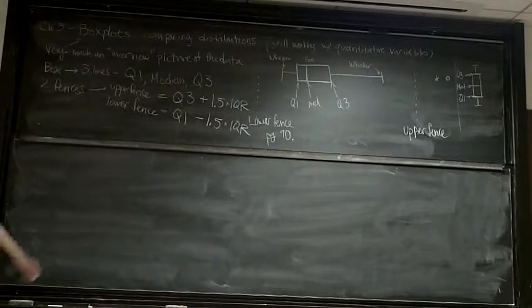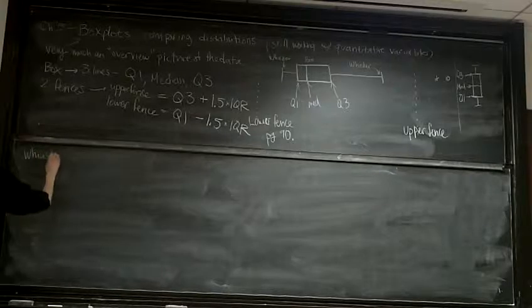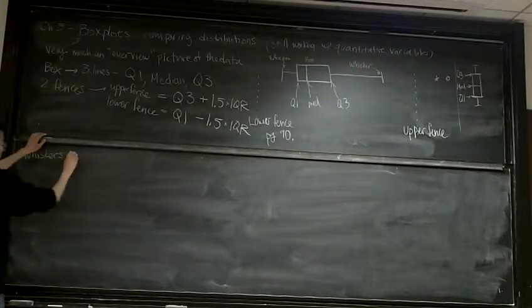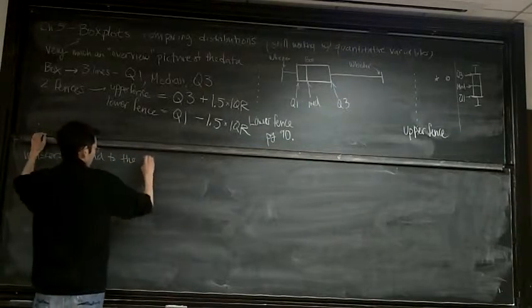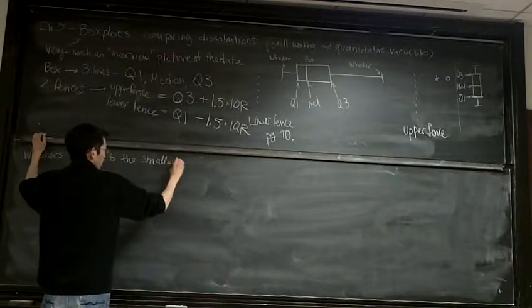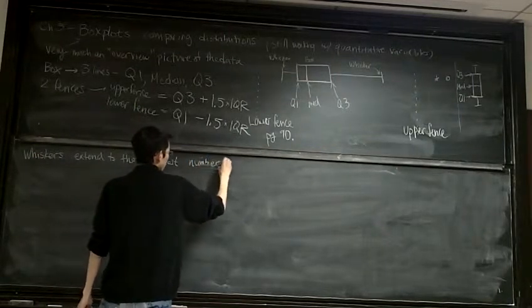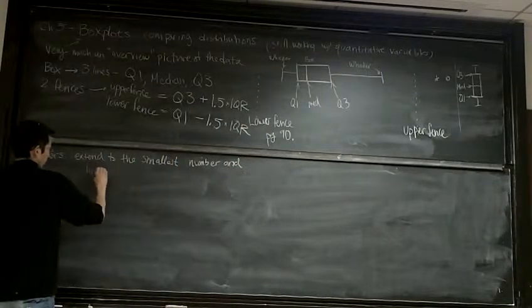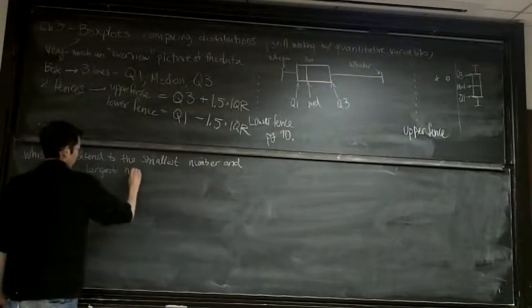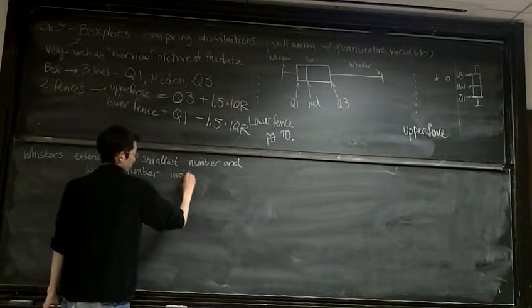Alright, so we have the two fences, the upper fence and the lower fence. And so the whiskers extend to the smallest number and largest number inside the fence.